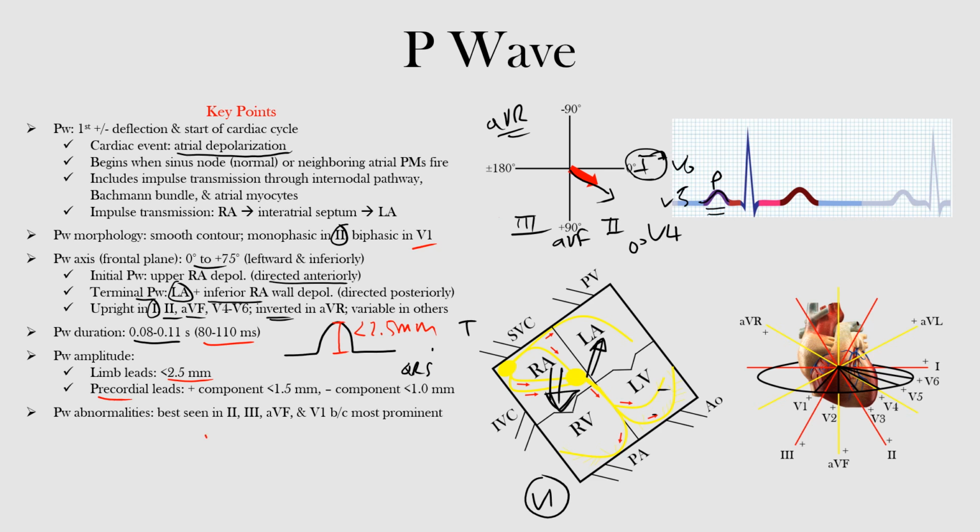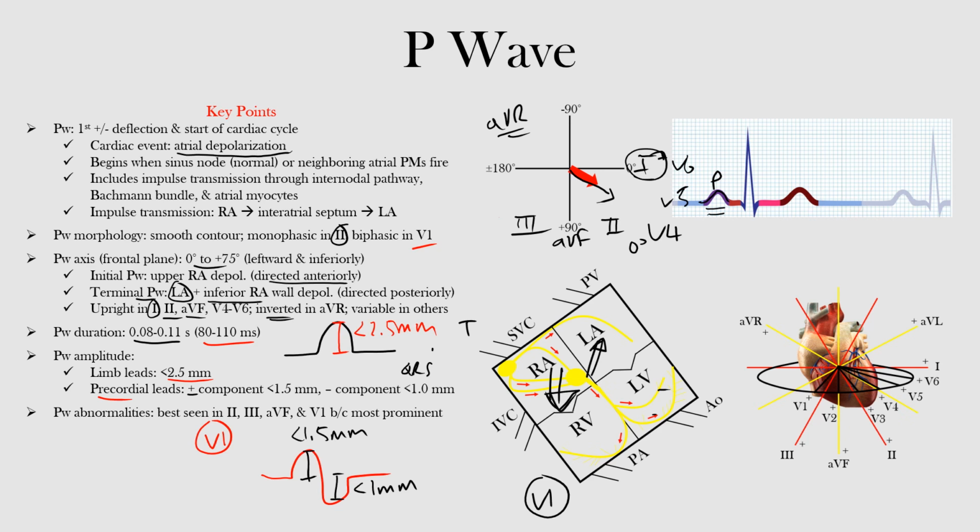Remember we said in V1 we can have a biphasic P wave, so imagine something like this. The first positive component of that biphasic P wave should be less than 1.5 millimeters. The negative component, this portion here, should be less than 1 millimeter. Remember, 1.5 millimeters is 0.15 millivolts, and 1 millimeter is 0.1 millivolts.